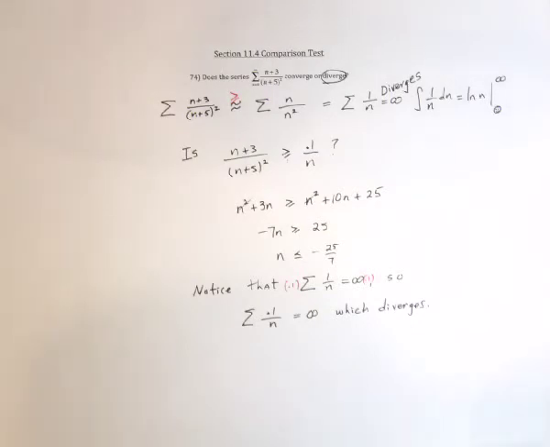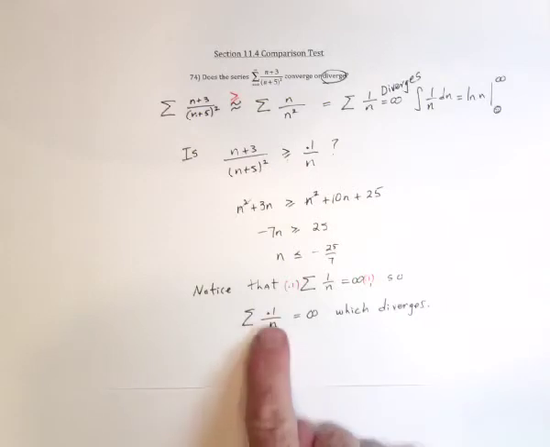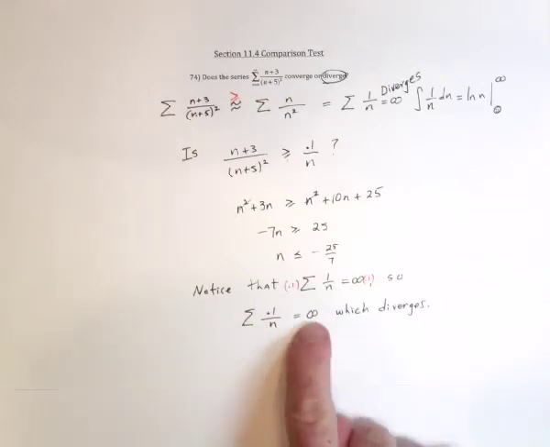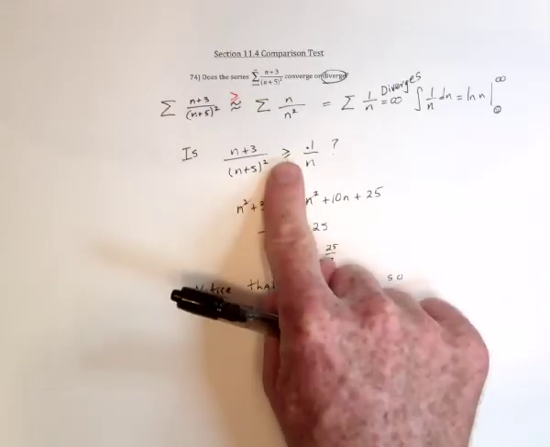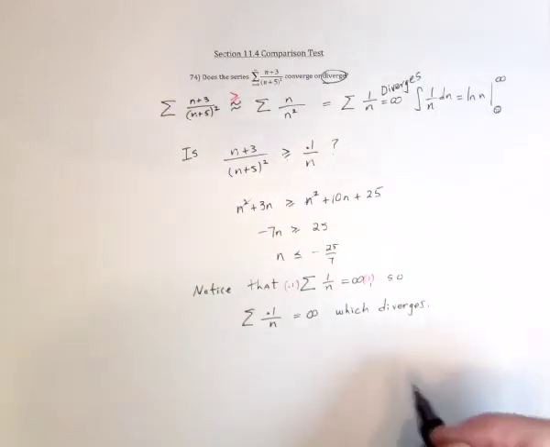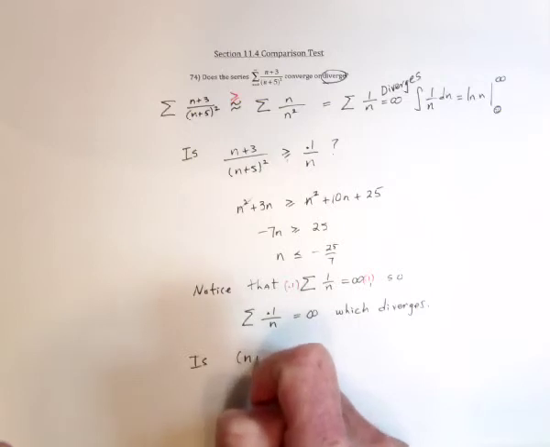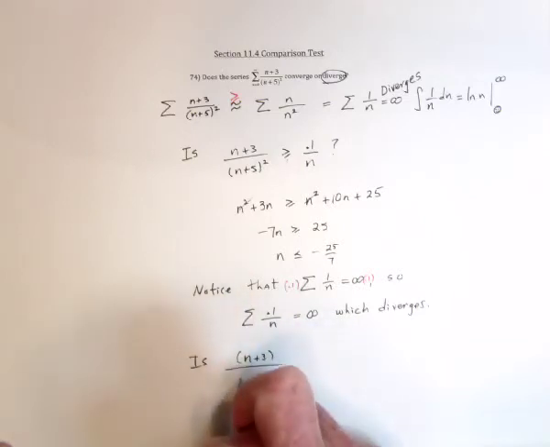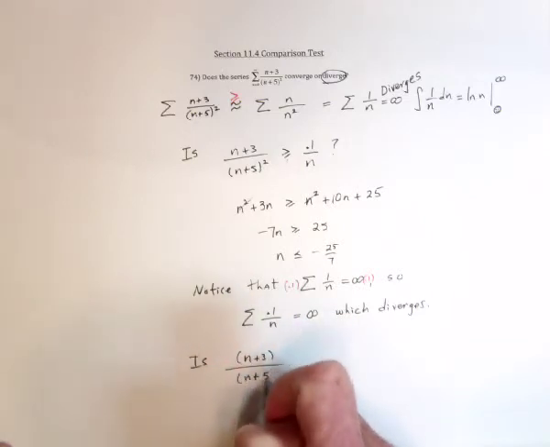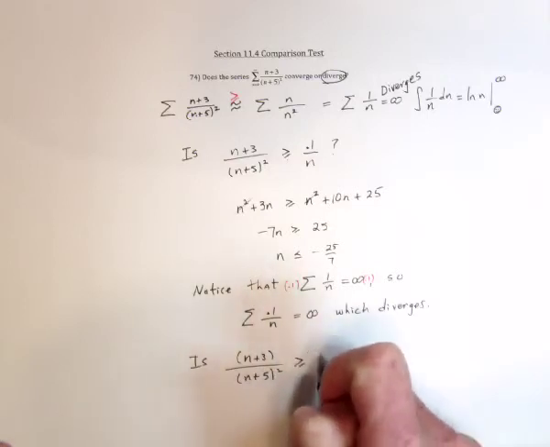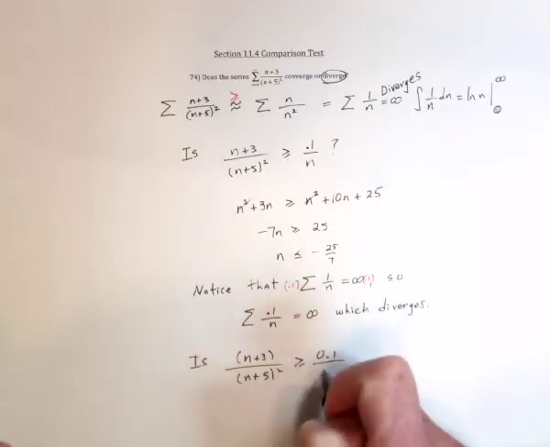So then what we need is to redo the comparison. We've got 0.1 over n adds up to infinity. Then redo this over here, and we would have: is (n plus 3) over (n plus 5) squared bigger than or equal to 0.1 over n?